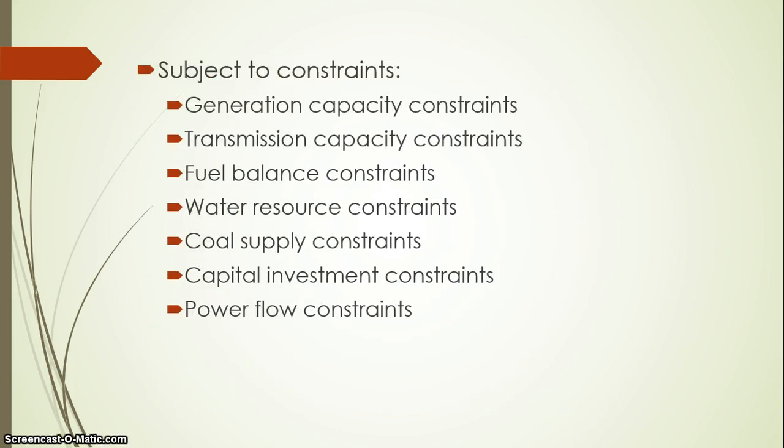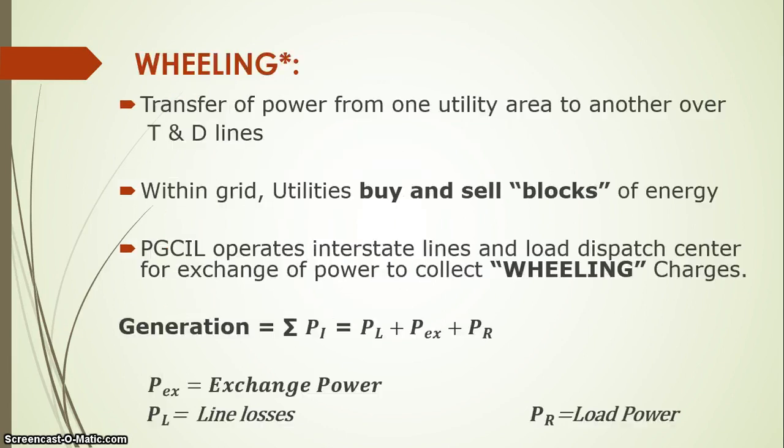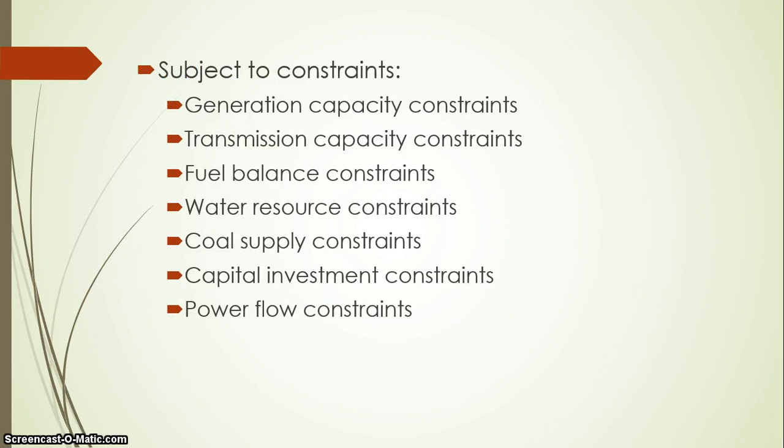Also, the software is very important because it can take many of the constraints into the picture to optimize our solution. So these constraints are: number one, generation capacity constraint, means what will be the fuel cost, how much the generation capacity. So these limits are put into the picture. Transmission capacity constraint while planning for capital cost of new transmission and existing transmission lines.